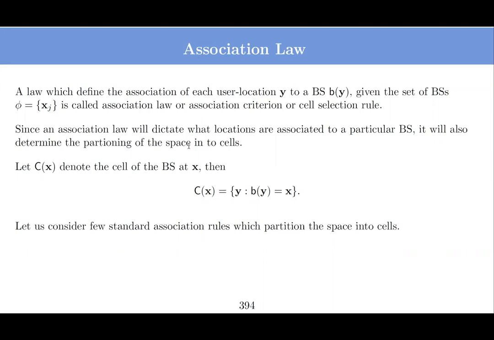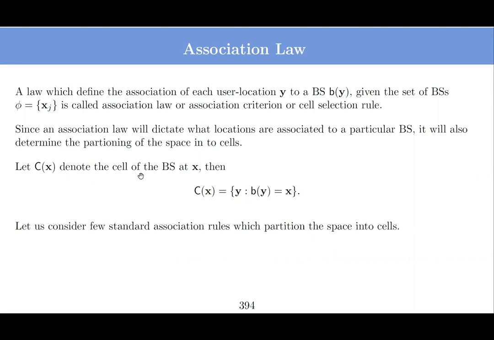Once you have decided that this location will map to this base station, you pick one base station and find all the points which will map to it. All these points will make the association cell of this base station. Then you take base station number 2 and find all points which will map to it. Those points will make the association area of the second base station.